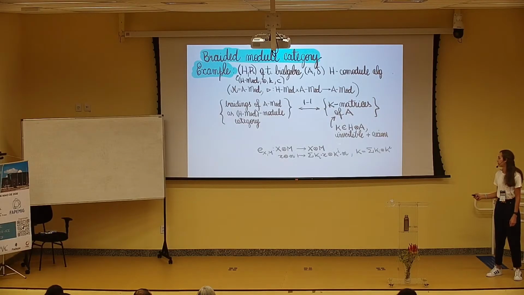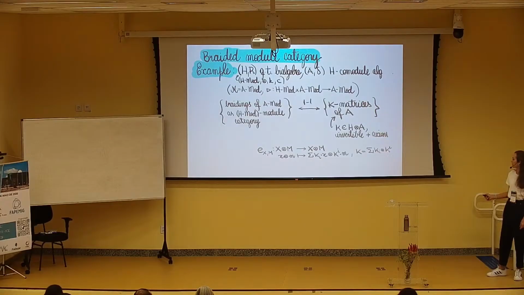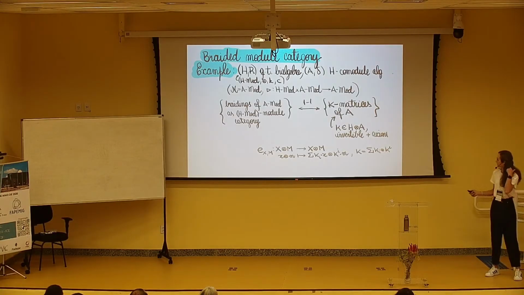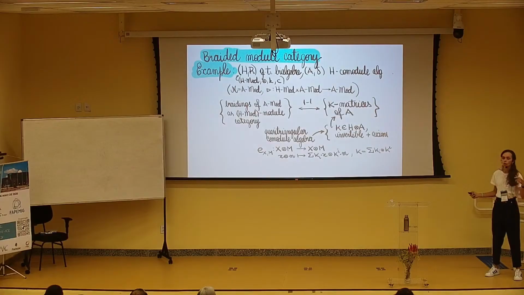The way to define it is to take an X tensor M, and if your K matrix looks like this, K^i tensor K_i, you just act like so, X on the first one and the second one on the second one. It looks like you are doing nothing, but this K matrix is doing everything for you. You can prove that this is a braiding if and only if K is a K matrix. And these are called quasi-triangular comodule algebras.